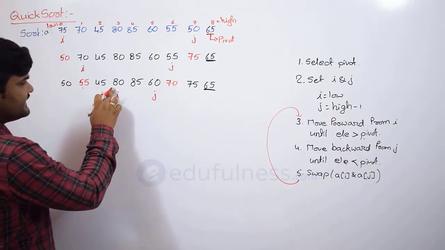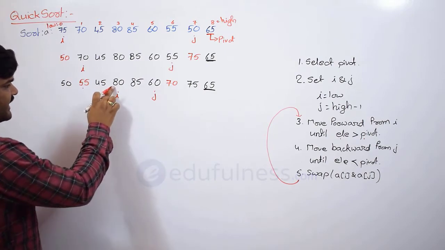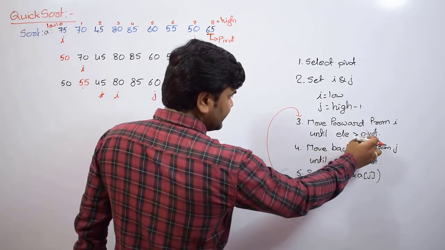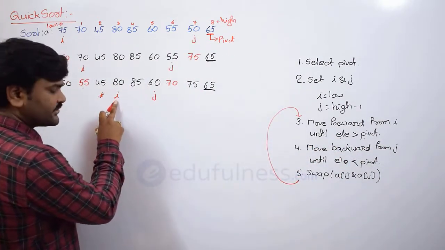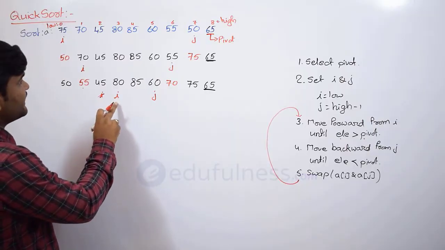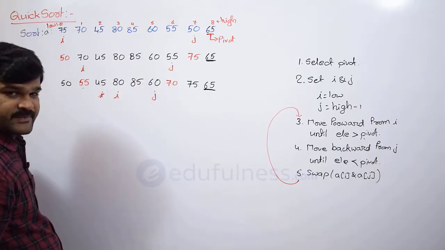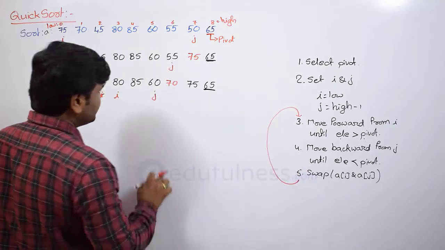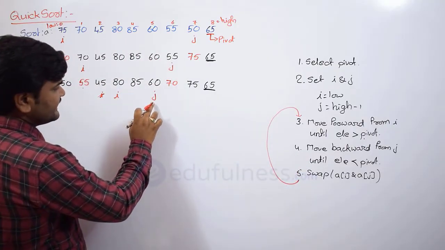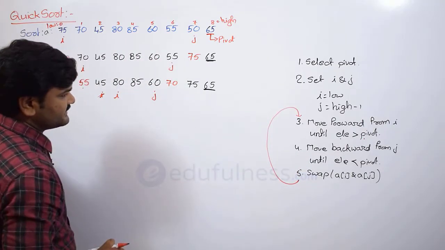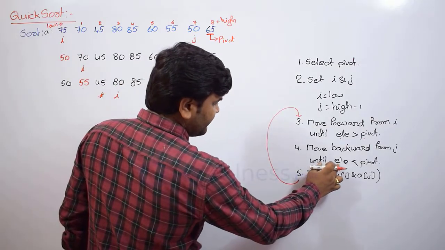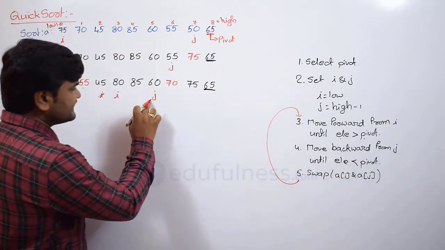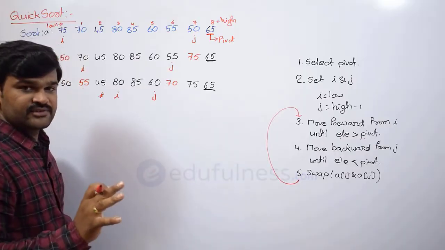So 80 is greater than 65, the element is greater than the pivot, so you have to stop. I stops at the third position. After that, the fourth step: j, that is 60, 60 is less than 65. The element is less than the pivot, so you have to stop.